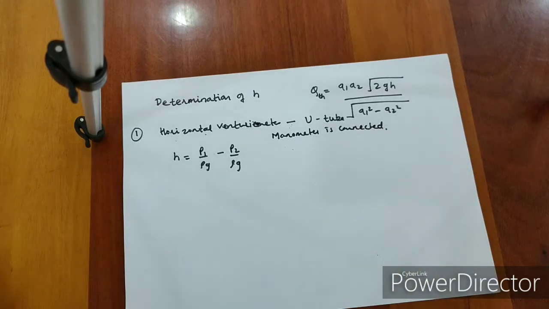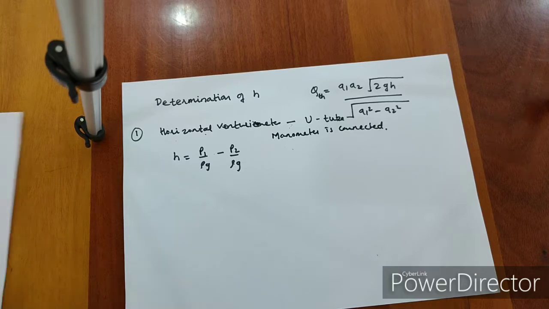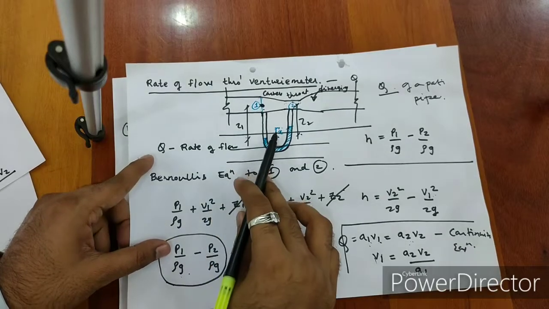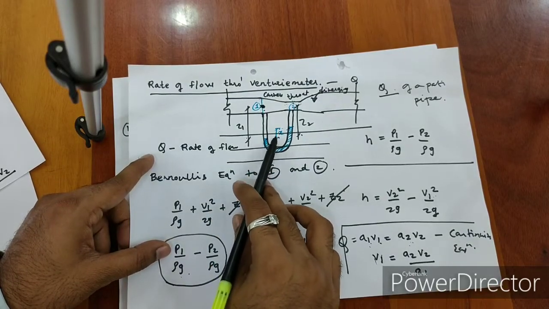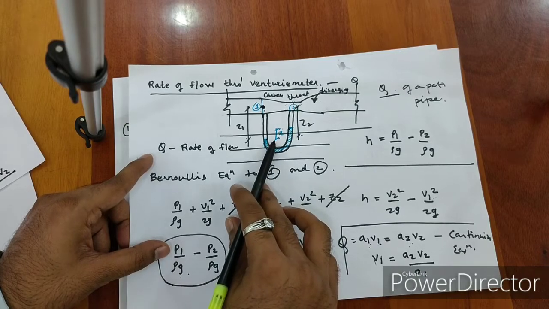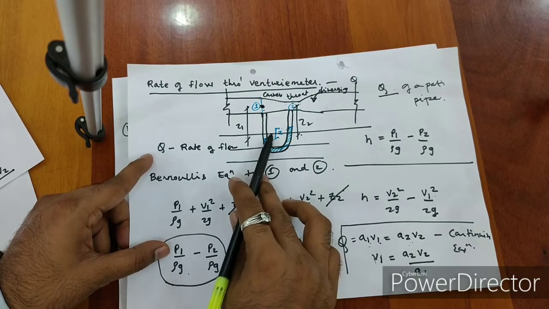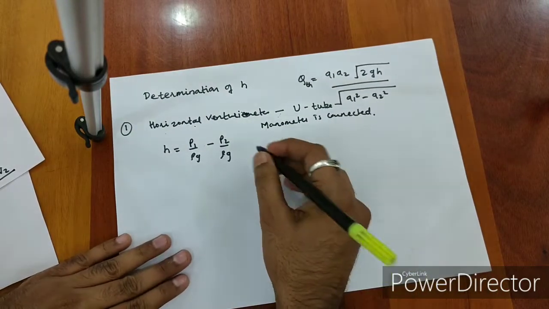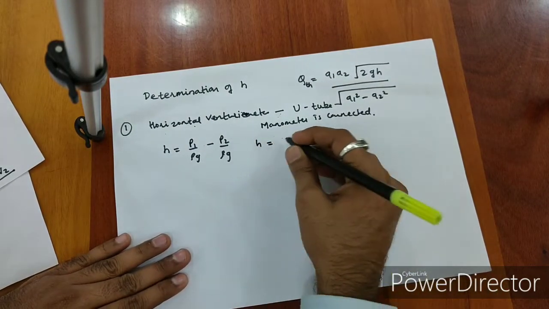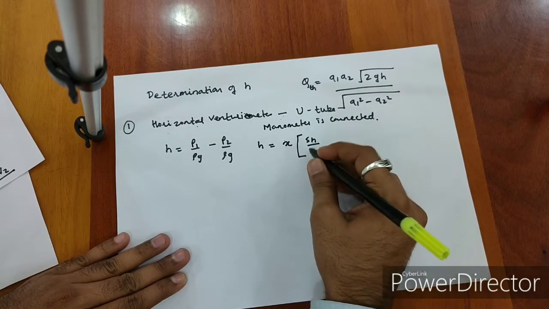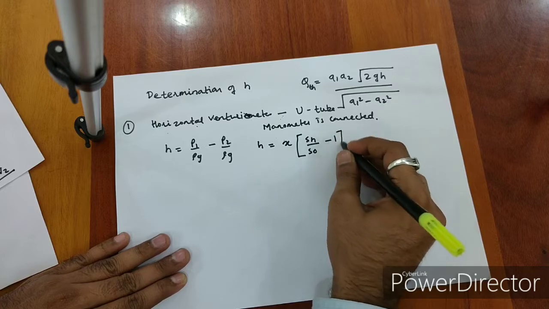So you see what the U-tube manometer will give you. It will give you the reading of X. X is nothing but the difference of level of manometric liquid or heavy liquid in the two limbs. So when a U-tube manometer is connected, H is equal to X bracket SH by SO minus 1.